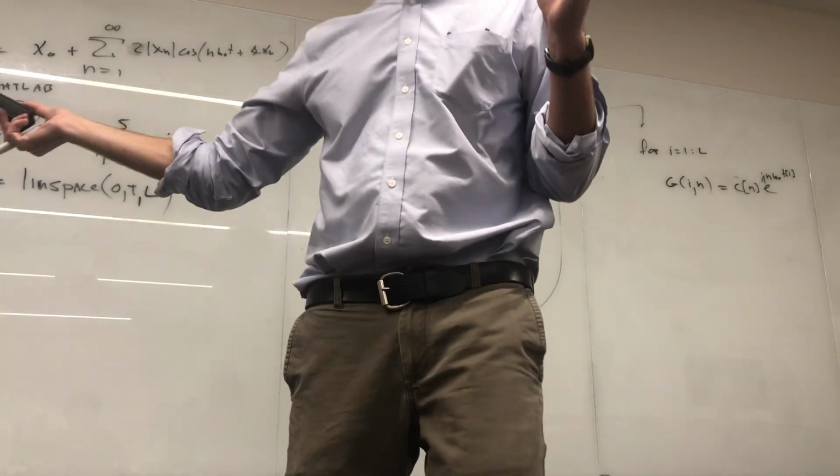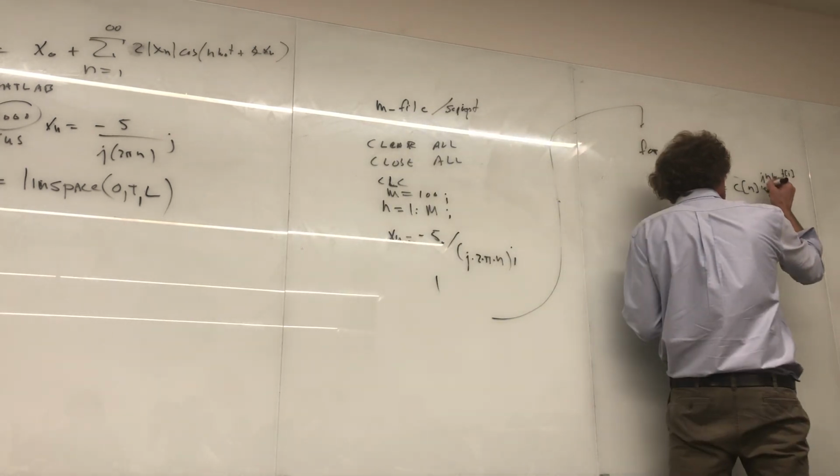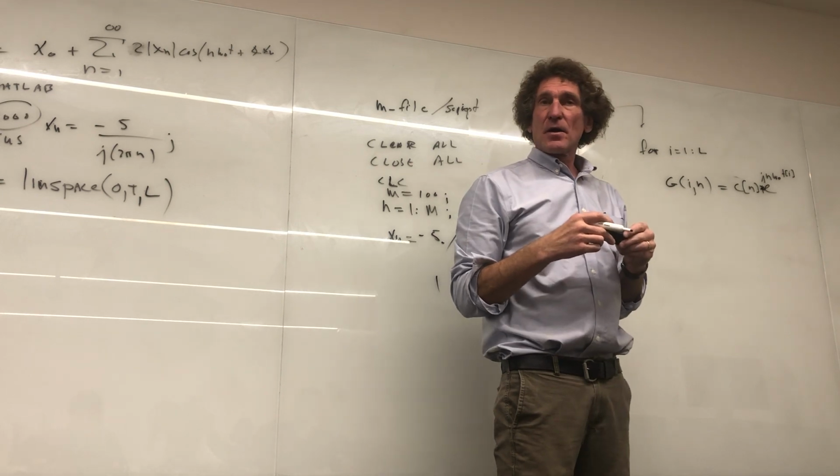There's 1,000 points there. Now you're going to have to do one other thing to be careful. This multiplication in MATLAB is an asterisk there. All right, are you with me?